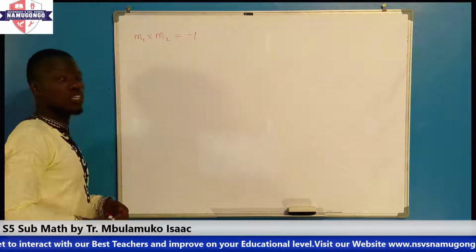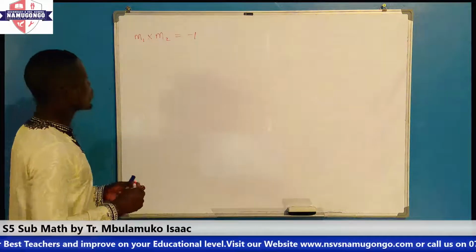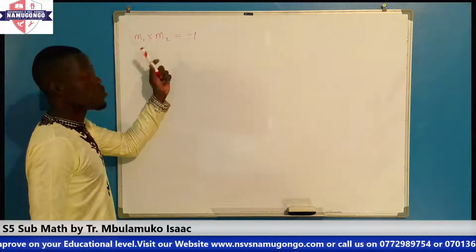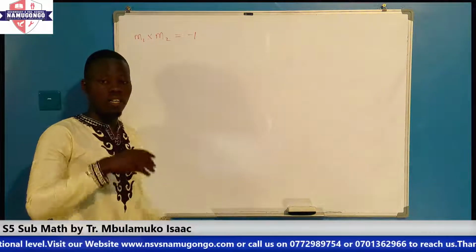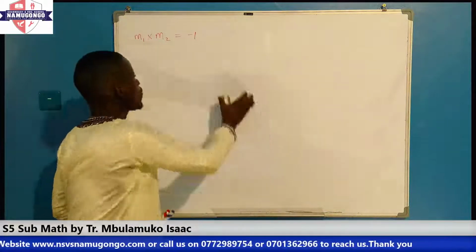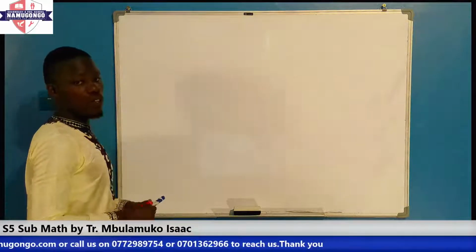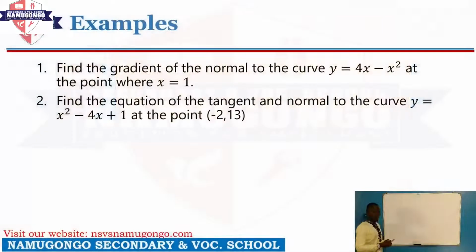In most cases, we have the normal, which is the line perpendicular to any given tangent. So, we can say M1 is the gradient of the tangent and M2 is the gradient of the normal. Meaning you can get the gradient of either, given one. So, if you look at just one example, the first example there says find the gradient of the normal to the curve at the point where x equals 1.